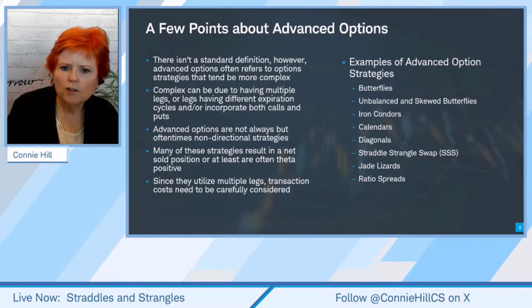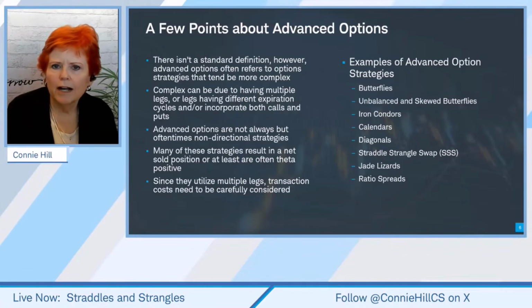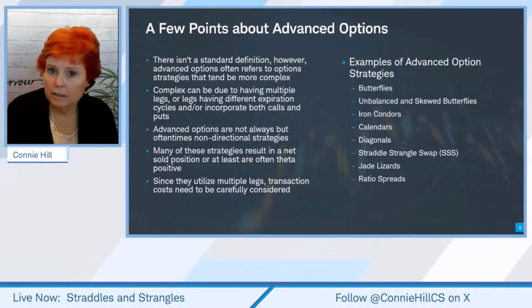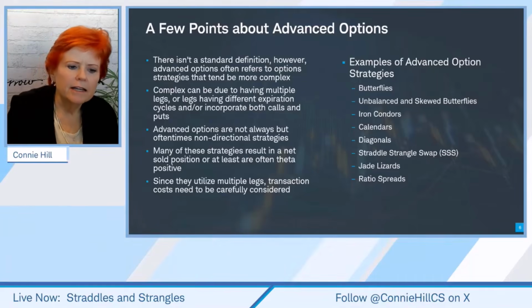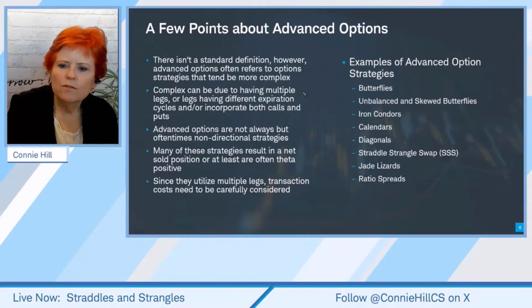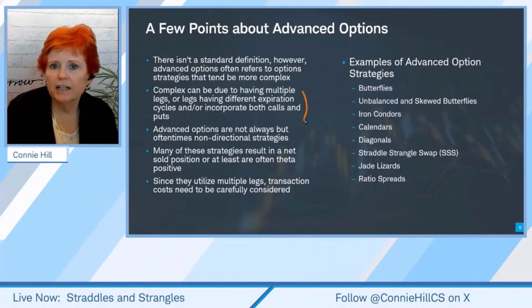Now, let's talk a little bit about advanced options, kind of generally speaking. They are a little bit more complex. And why is that? Well, it's because usually we're working with multiple legs, as opposed to, say, just a single leg. In the straddles and strangles area, we are always going to be using at least 2 legs, and sometimes we'll use 4 legs depending on the variation of the straddle or strangle.